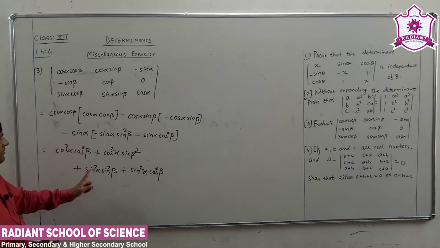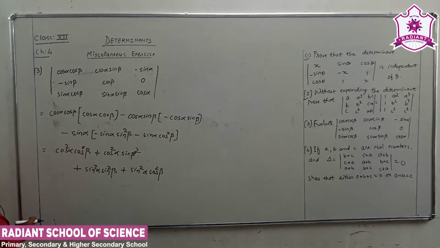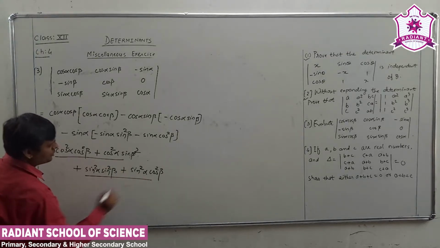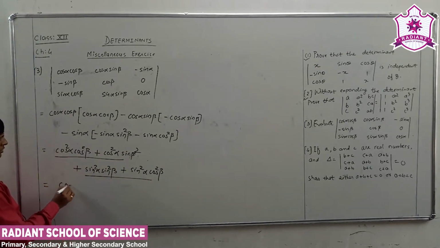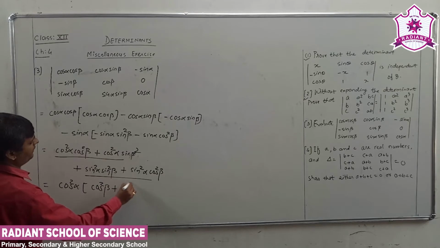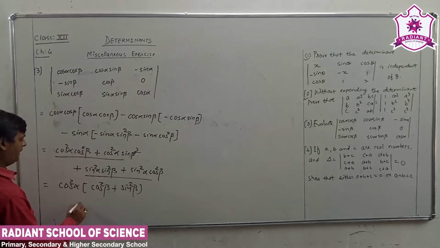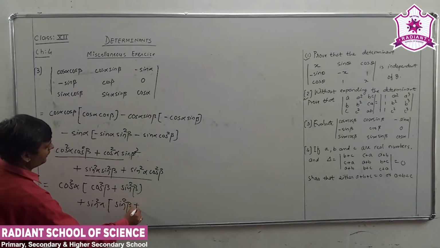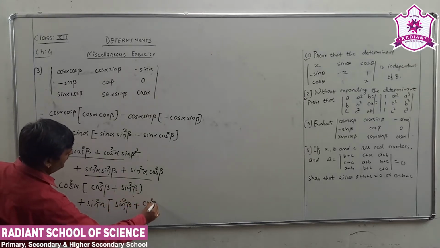Again, this one is sin square, cos square. So first of that is very simple for two terms and these two terms. In the first step, cos square alpha is common, so the remaining term is cos square beta plus sin square beta. Plus sin square alpha is common, so the remaining term is sin square beta plus cos square beta.